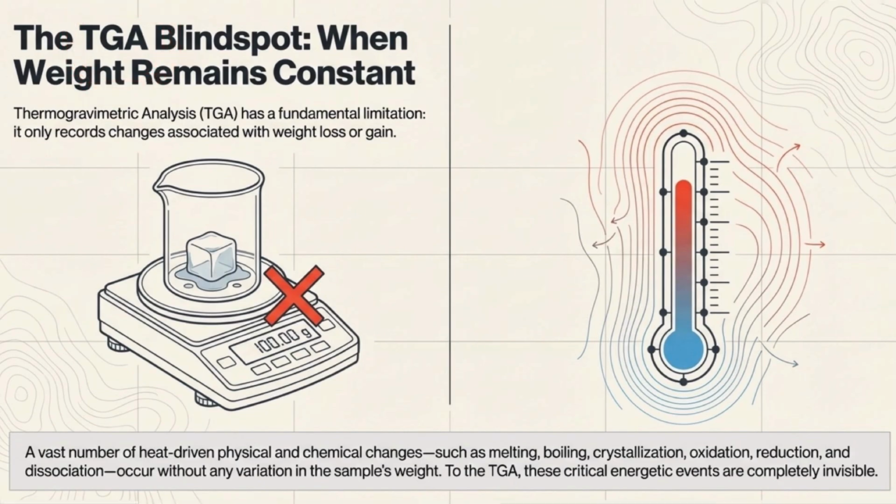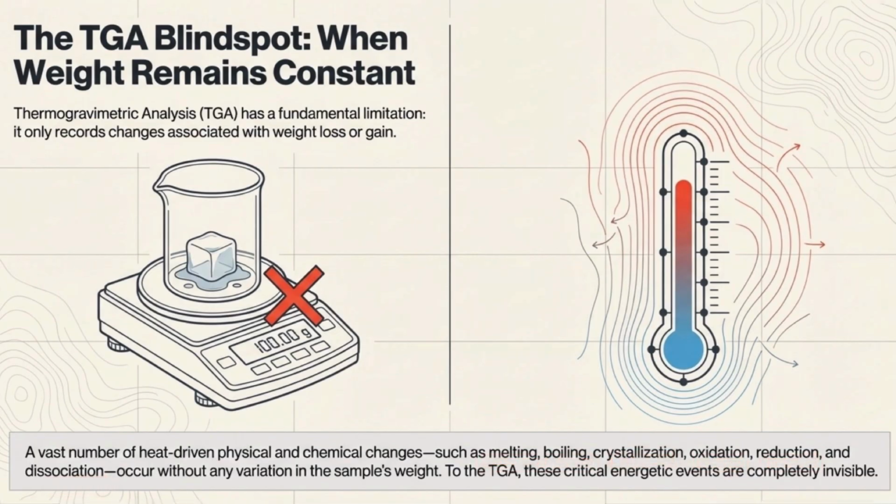However, there are many limitations of thermogravimetric analysis, and it remains blind for many changes that do not involve any weight change. For example, there are a number of physical and chemical changes such as melting point, boiling point, crystallization, oxidation, reduction, and dissociation.